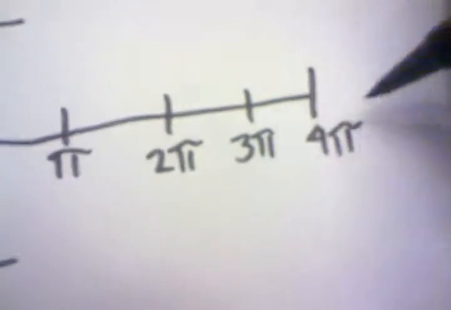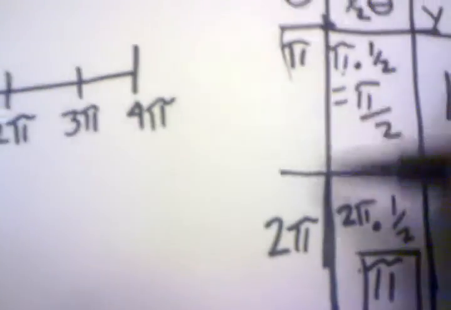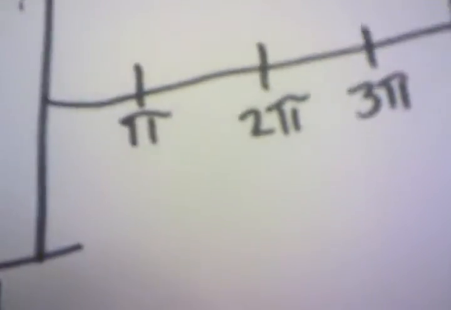So down here is -1, up here is 1, and then we have our points for theta, which are pi, 2 pi, 3 pi, 4 pi. Now we're just going to dot them where they are in here.